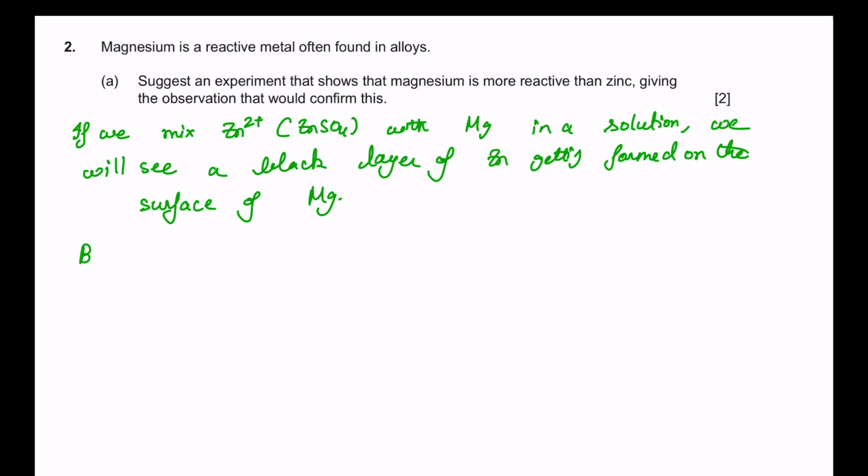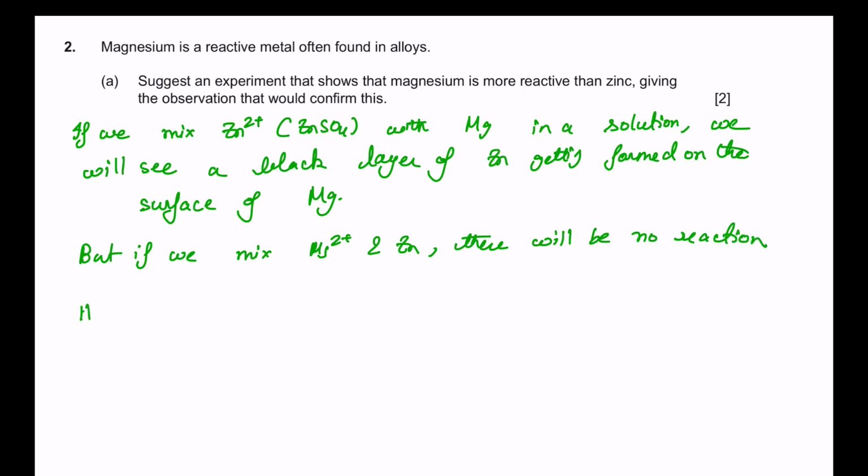But if we mix Mg2+ and Zn, there will be no reaction. Hence, this proves Mg is more reactive than Zn. So that's all about 2A.